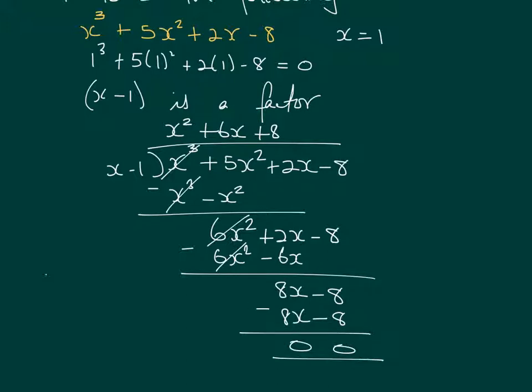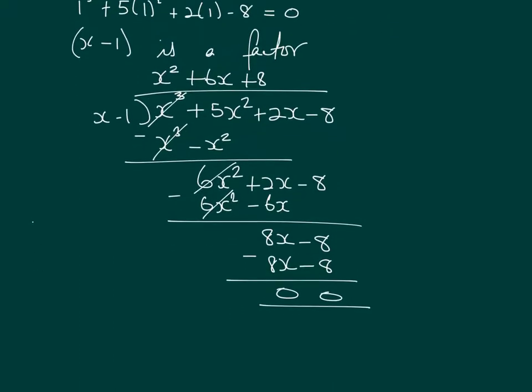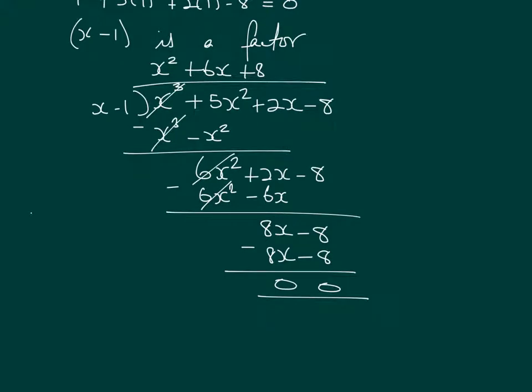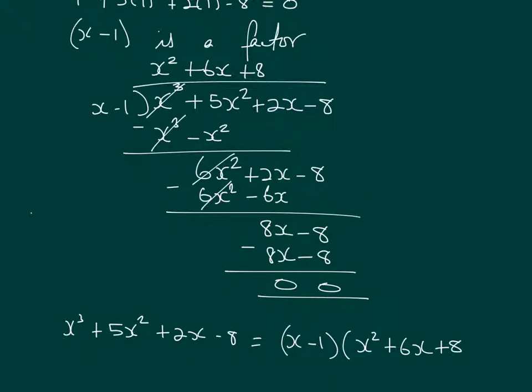And so finally, let me just jot it down below here, we can say that x cubed plus 5x squared plus 2x minus 8 is actually equal to x minus 1 and x squared plus 6x plus 8.